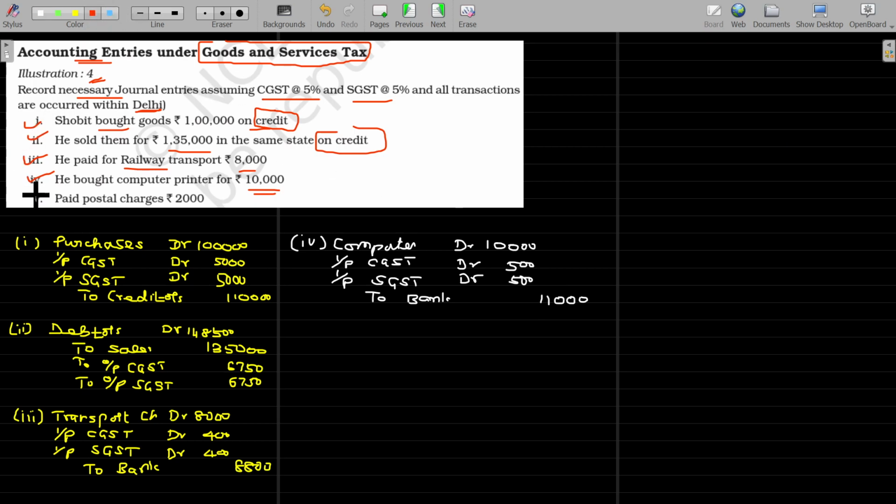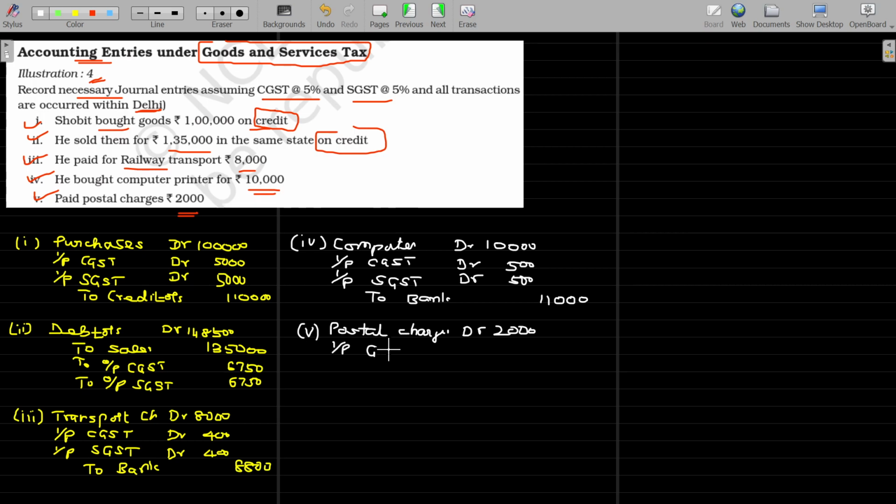And fifth transaction, paid postal charges 2,000 rupees. Again, this is also input services. Input services means you are purchasing for rendering output services. So debit the postal charges account, being 2,000 rupees. For that also you have to pay the CGST. But anyhow, the tax paid will be refunded.